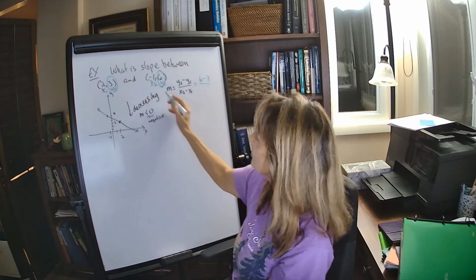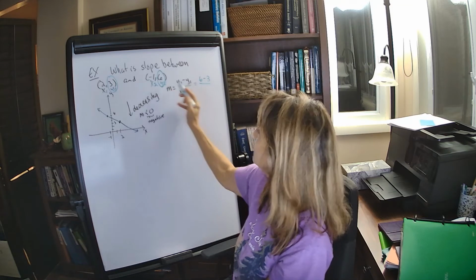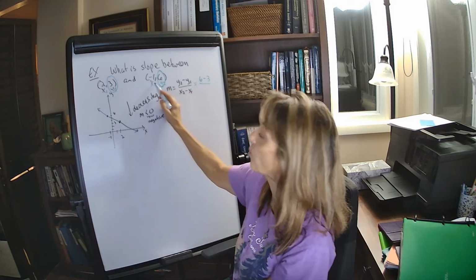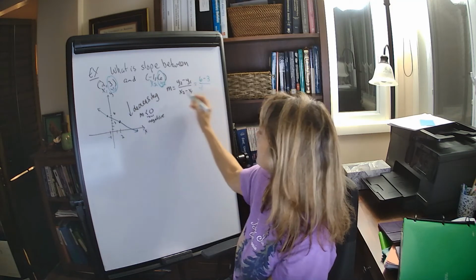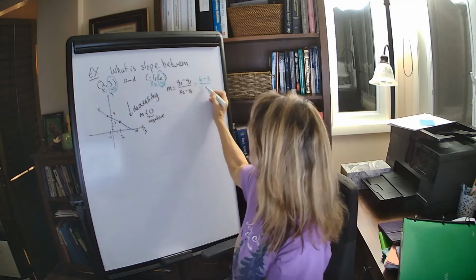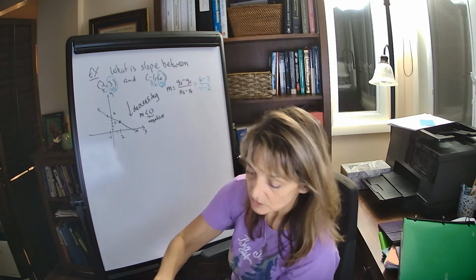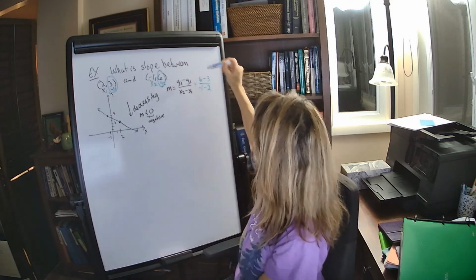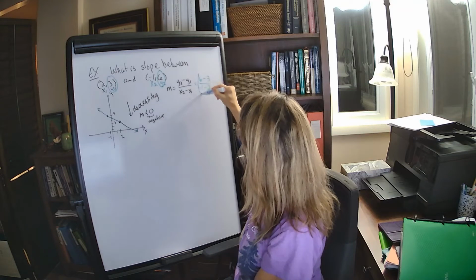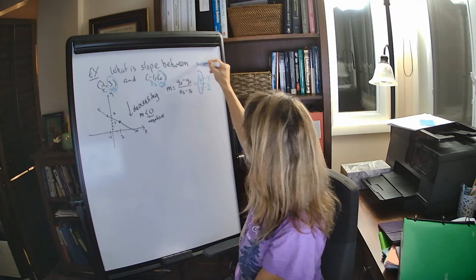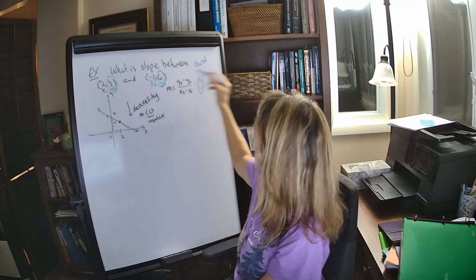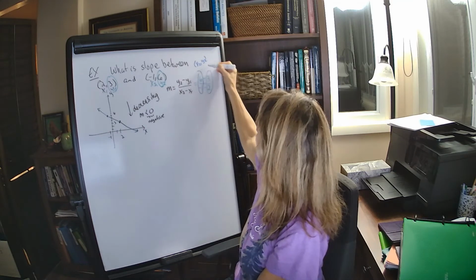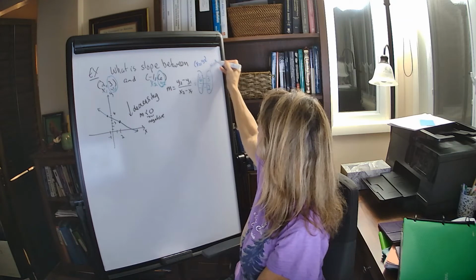Now this is the really important part. If you use the 6 first, you have to use the corresponding x as the first number in the denominator. So it's -1 minus 2. All right? So just to be clear, these 2 numbers come from the x2, y2 point, and the second 2 numbers have to come from the other point, the x1, y1 point.